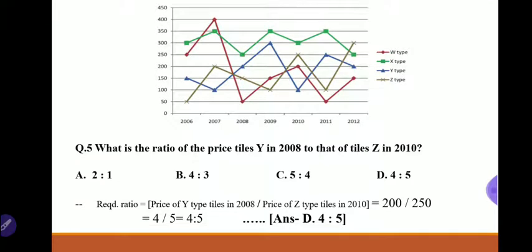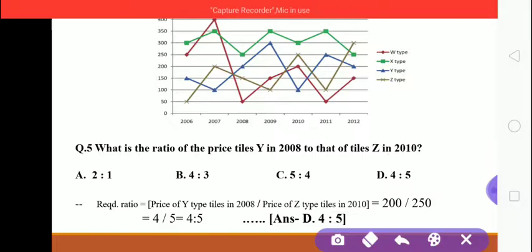Next question, what is the ratio of the price of tiles Y in 2008 to that of the tiles Z in 2010? So it is a simple ratio asked of the prices in 2008 of Y tiles and in 2010 of Z tiles.